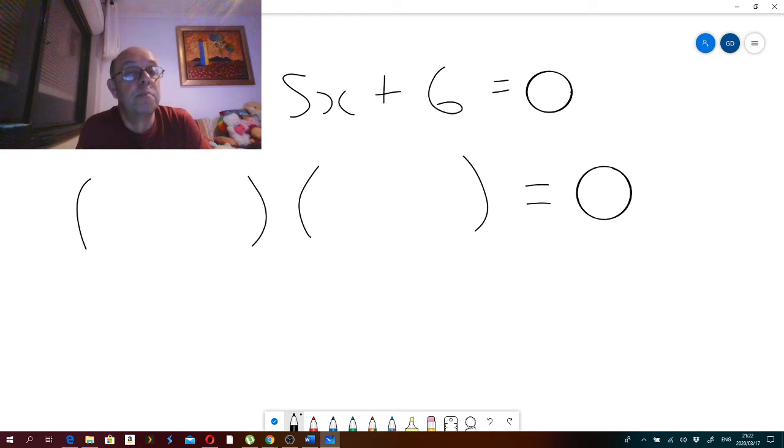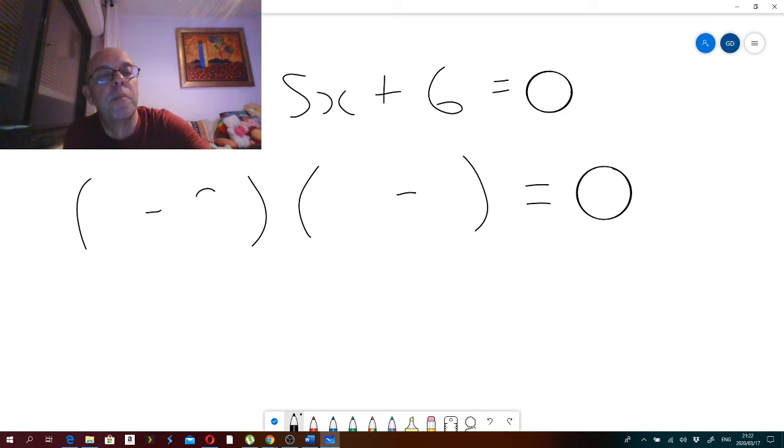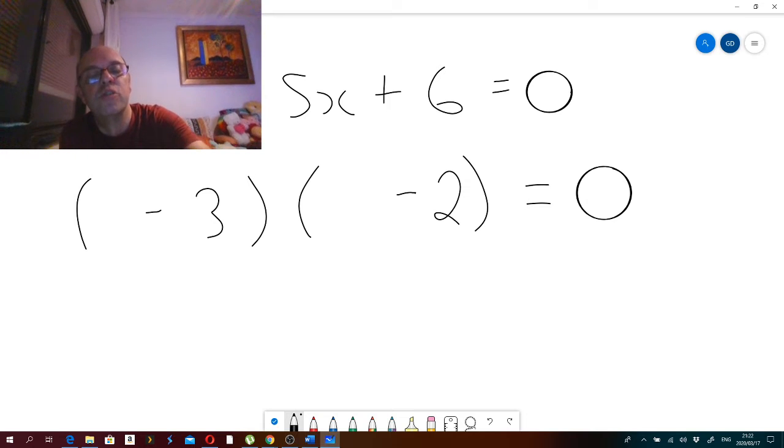Since there is a plus 6 but a minus 5, both signs in the brackets are going to have to be negative, because only a negative and a negative will give a positive, but the two negatives can give us a negative 5. So we clearly have a minus 3 and a minus 2, because minus 3 minus 2 is minus 5, but minus 3 times minus 2 is positive 6, and so there are my two brackets, x minus 3, x minus 2.